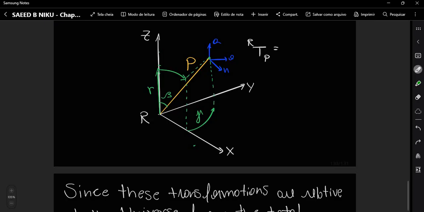Both are coordinate systems, but at the same time a reference frame. So R is a reference. Sorry. No, exactly. R is a reference to P, but we write and we read P referenced to R. So P referenced to R.